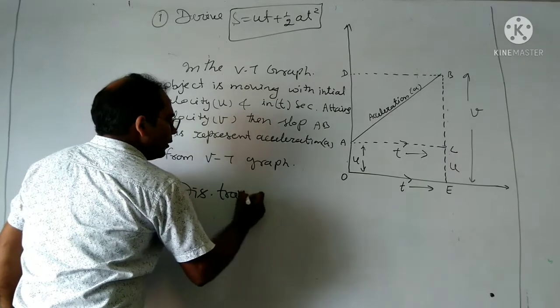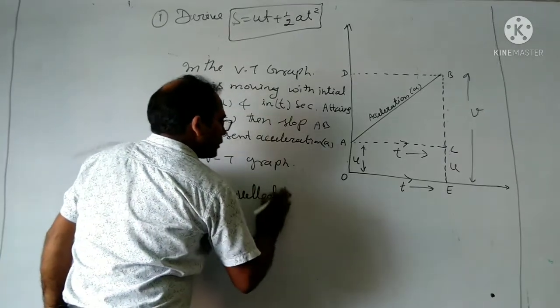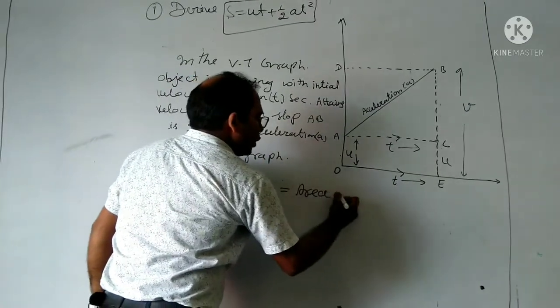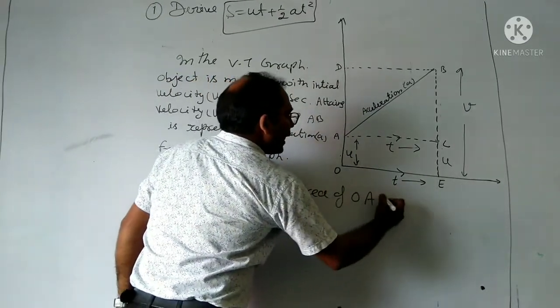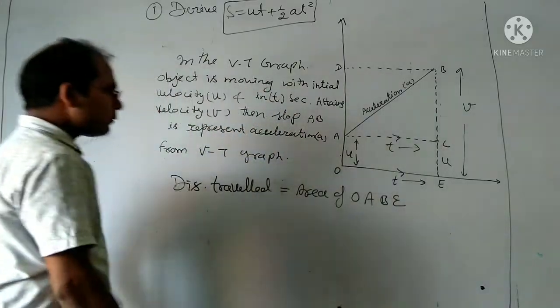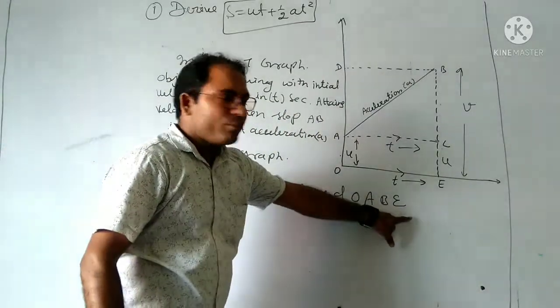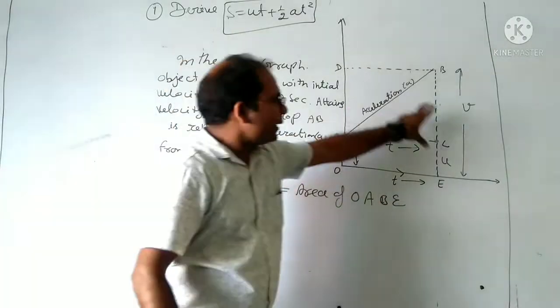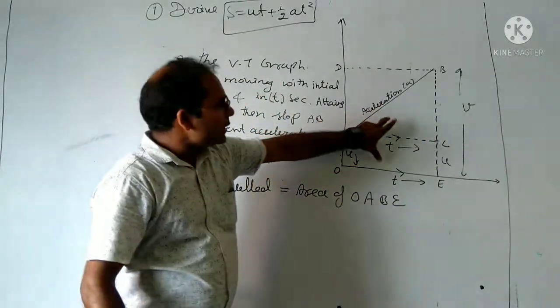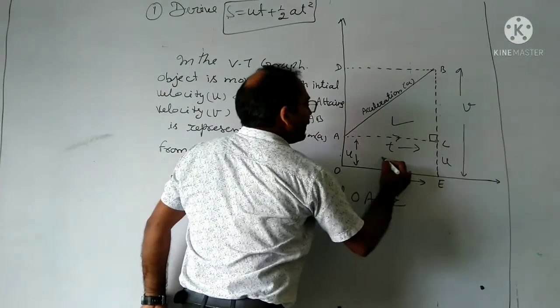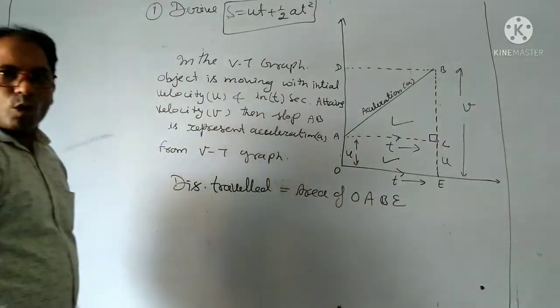Distance traveled by the object equals the area of OABE, this whole area. If you look at this figure, there are two figures: one is a right-angle triangle, and another is a rectangle.